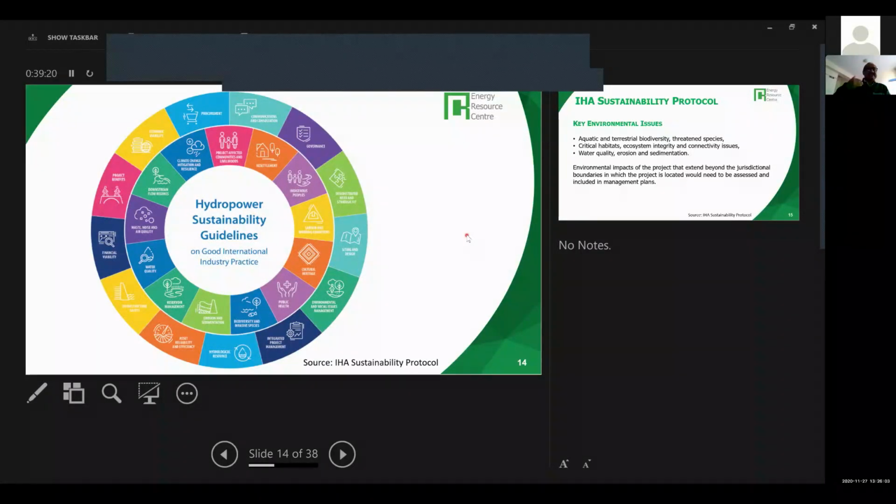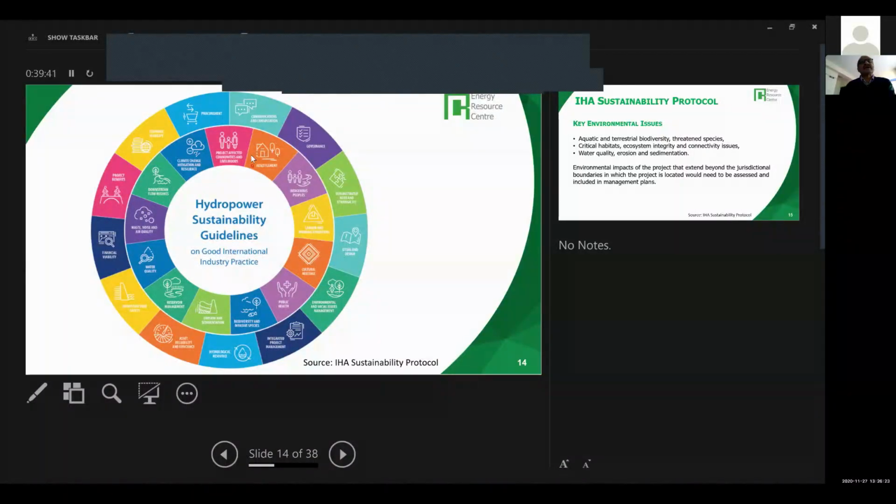This guideline scores hydropower projects on all these factors, and the important social and environmental issues are also part of this protocol.